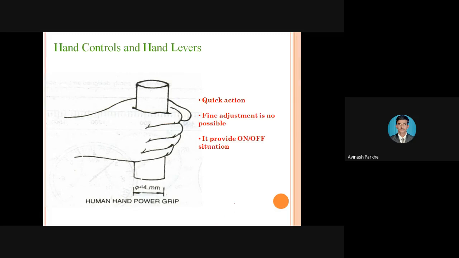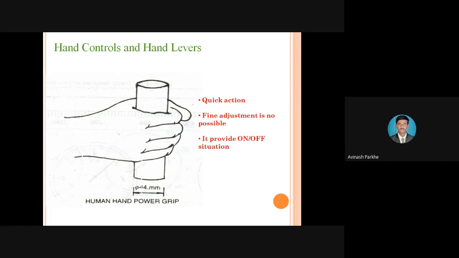Also, this lever should be provided near to the operator. If that operator has to travel more distance from the machine to handle that lever, again that operator will be fatigued. So whenever it is necessary or as per its application, such types of hand levers should be provided near to that particular operator only, so he can handle that lever or the control devices very easily.